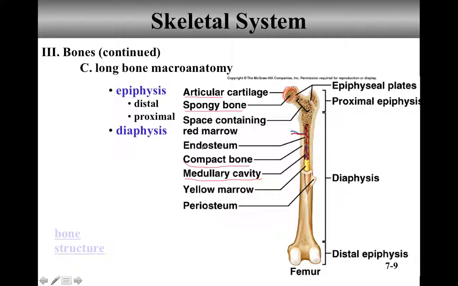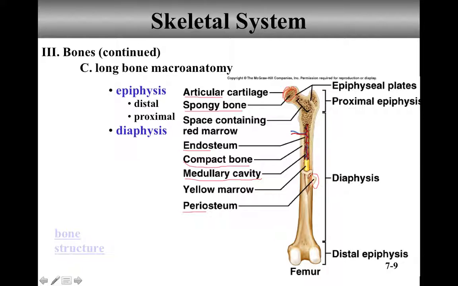So we have a few other terms I want you to know. Endo, within, peri, around, osteo is bone, and so endosteum is a layer of tissue within the bone. Okay, it lines the medullary cavity. Periosteum is a layer of tissue outside of the bone. Okay, these are connective or epithelial tissues rather that line this inside and this outside.